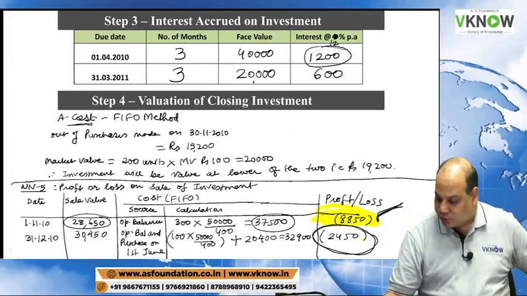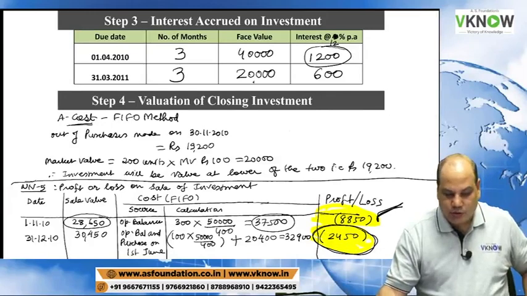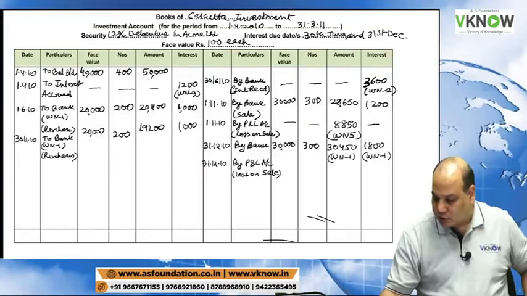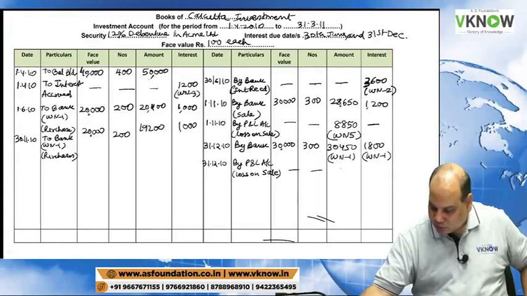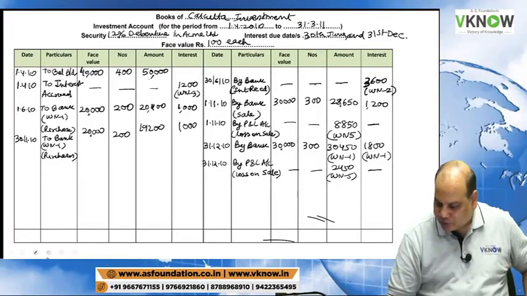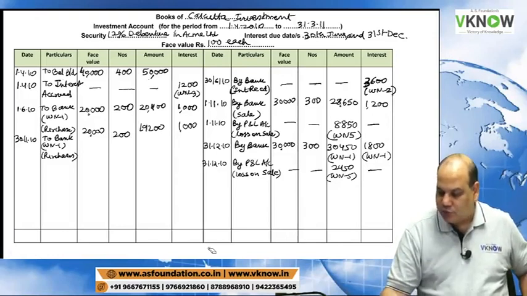Check this, 2450 loss. So you write down here in the amount column 2450, working note 5. Presentation is important. Later on, you should not get confused.